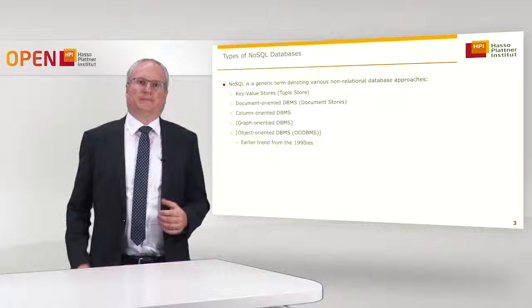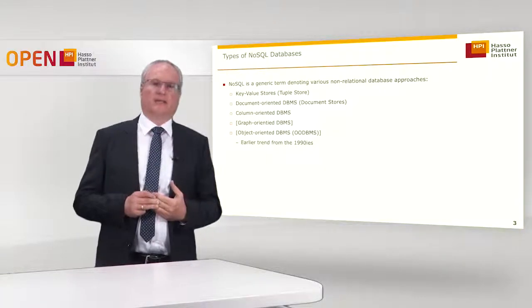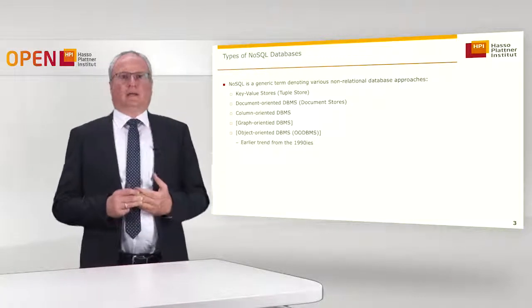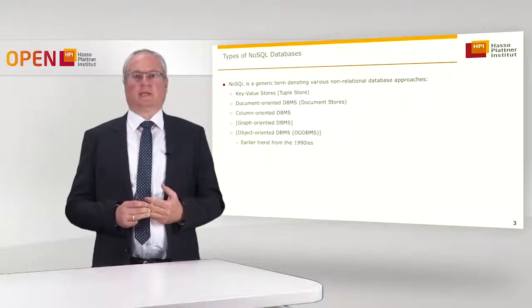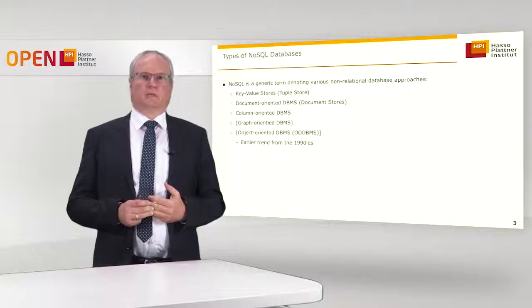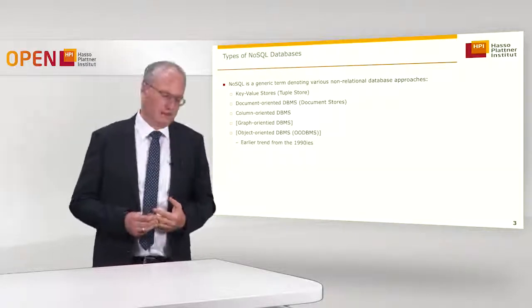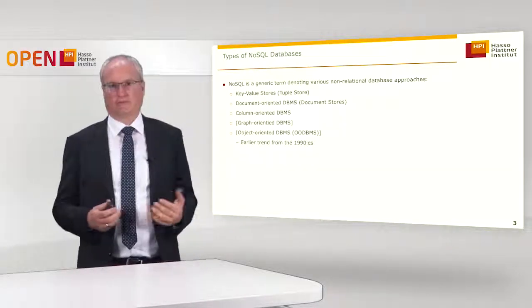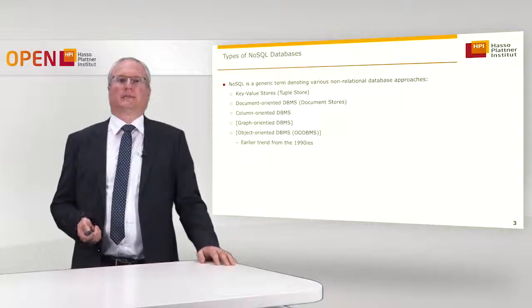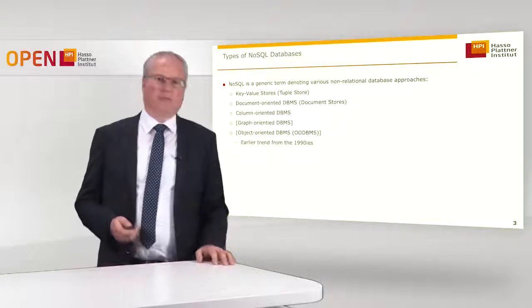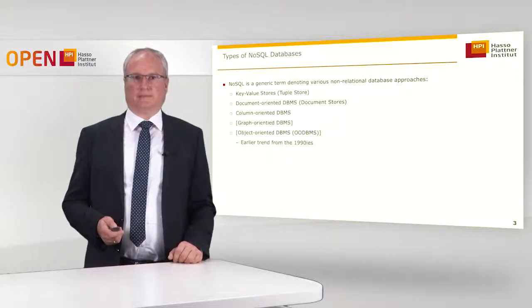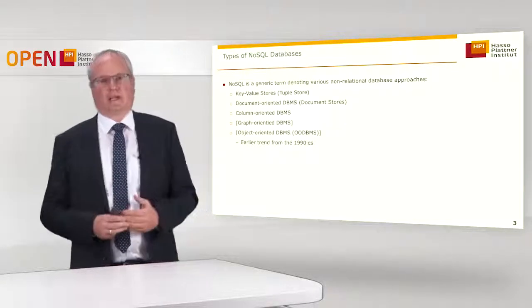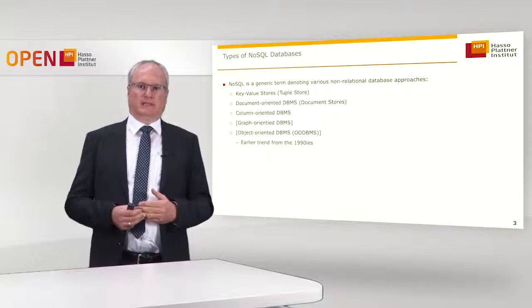So behind the idea of NoSQL, there are different types of database management systems and different types of solutions that implement these kinds of schemes. And on this slide, you see a list of these typical NoSQL classes, or this classification of NoSQL databases.